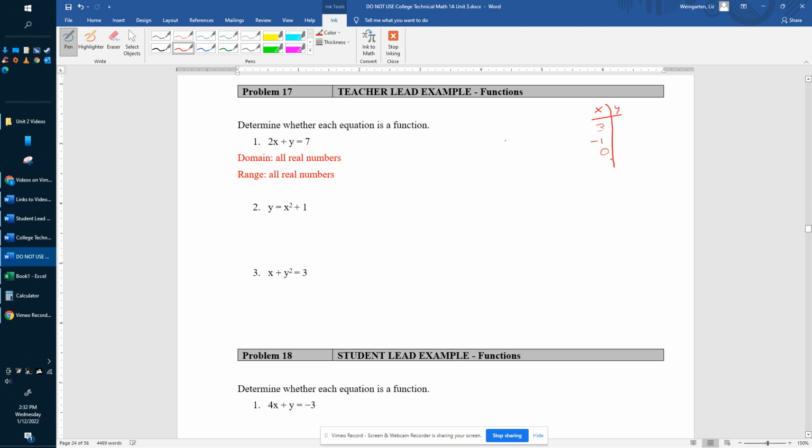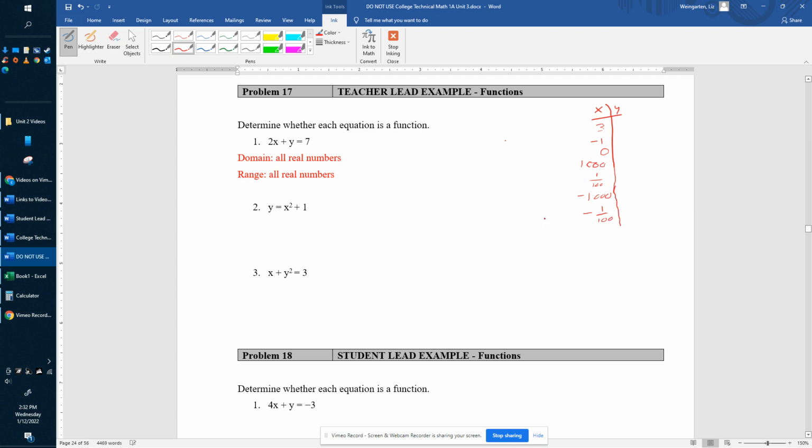Put in 0 for x. Now, I will also recommend put in a really, really big number for x, like let's say 1,000. You could say a million. I just don't want to write that many zeros. You could put in a fraction for x, 1 over 100. You could try a negative really big number and a negative small number.